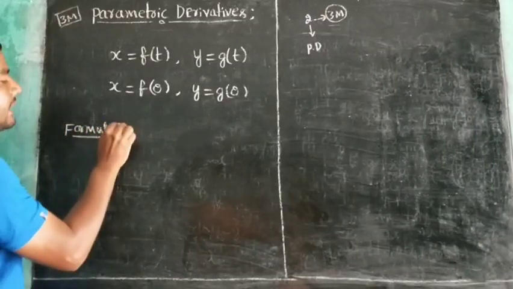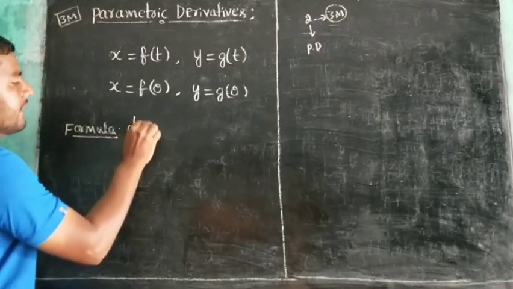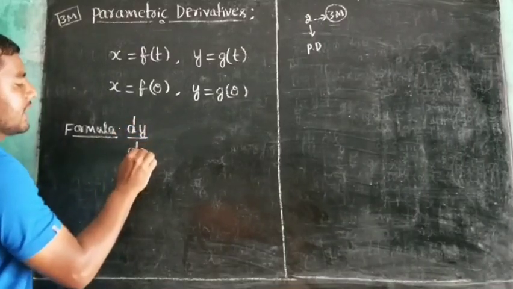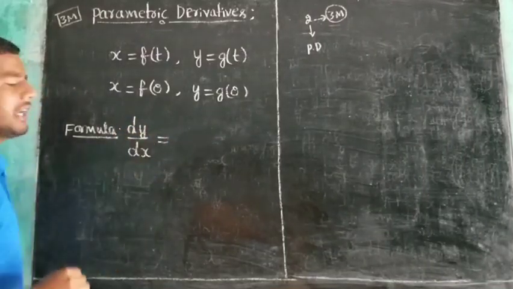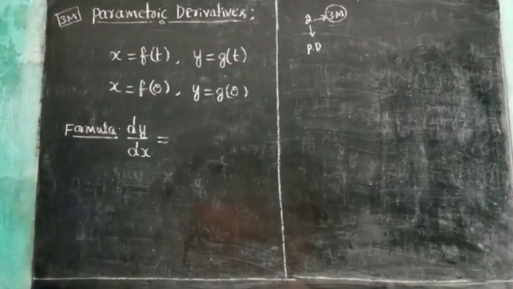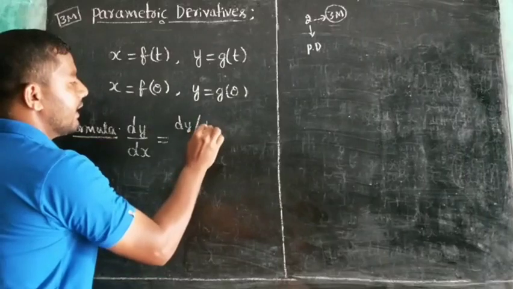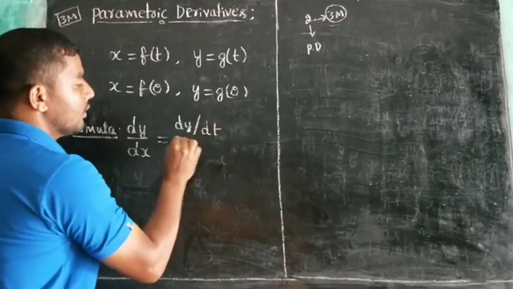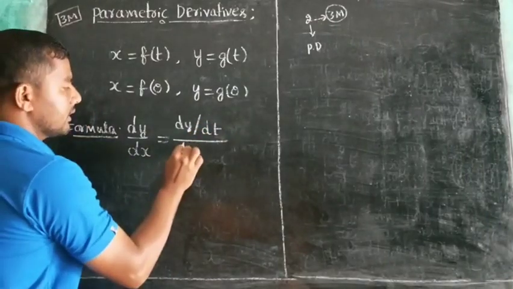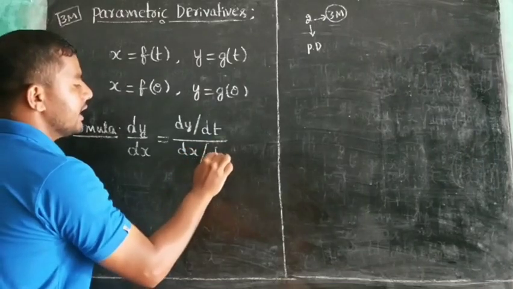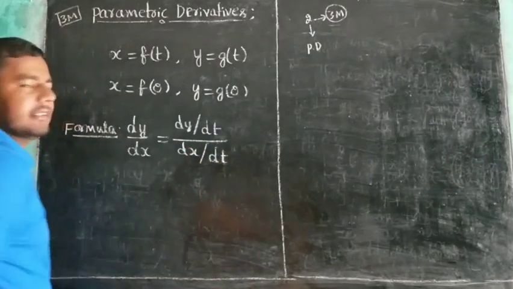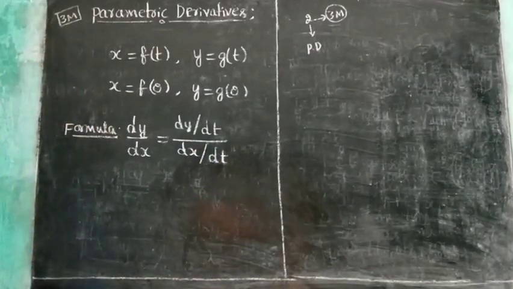For finding the derivative in parametric differentiation, the formula is dy divided by dx is equal to dy divided by dt, whole divided by dx divided by dt, if the parameter is t.